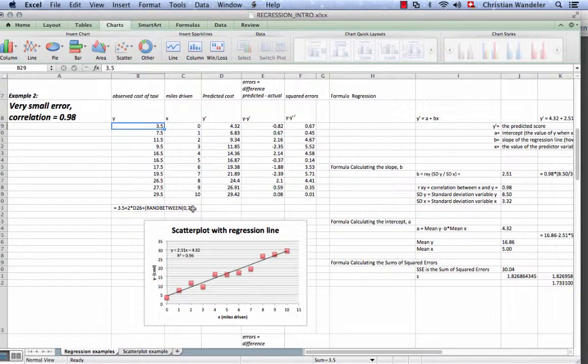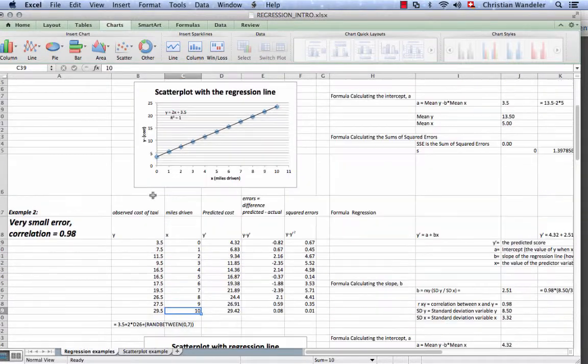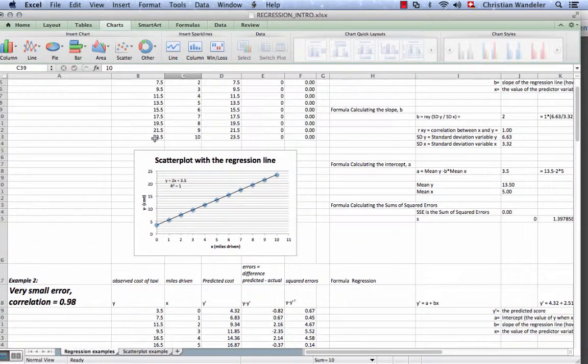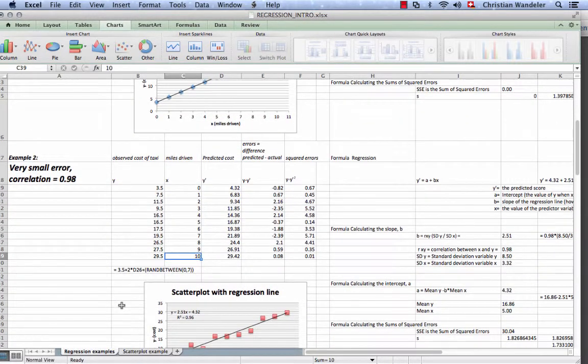So that adds a little bit of wiggle room, right? It wasn't a perfect relationship. So that's why now when you see here, for example, 10 miles driven costs $29.50. Before, 10 miles driven cost $23.50, as an example.